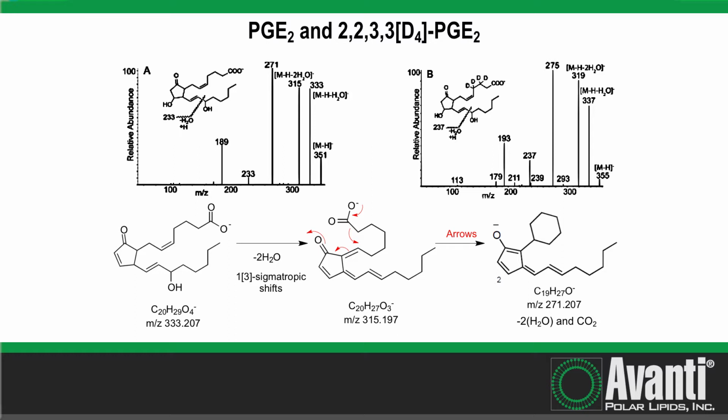It's the tandem mass spectrum of PGE2. It's got a molecular ion of 351, and when you collisionally activate that, you get these product ions. And so you see it loses water, loses 2 water, loses water and CO2, and then it has a nice little fragment ion at 233, which is cleavage of a carbon-carbon bond. So we can draw some ion chemistry of this.